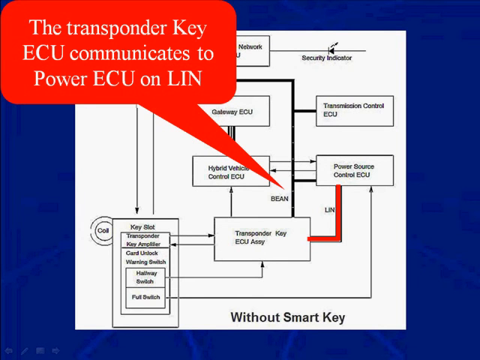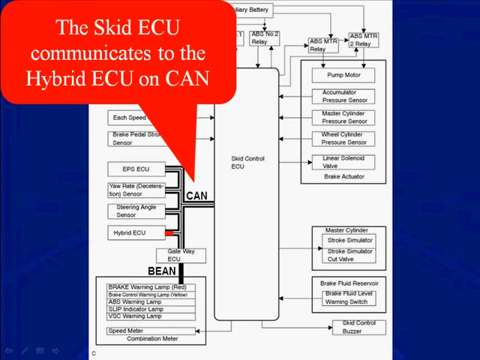But one thing you're going to learn about this diagnostic troubleshooting class for hybrids is that there are just so many diagnostic trouble codes. So if there was something wrong with the LIN or the BEAN, we would have a diagnostic code pointing to either or. Now the skid ECU communicates to the hybrid ECU on CAN.